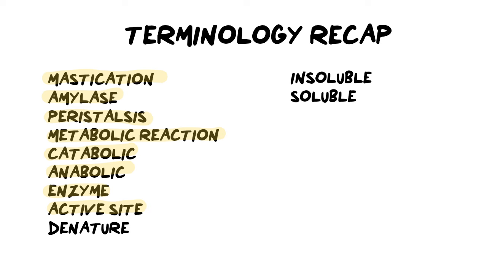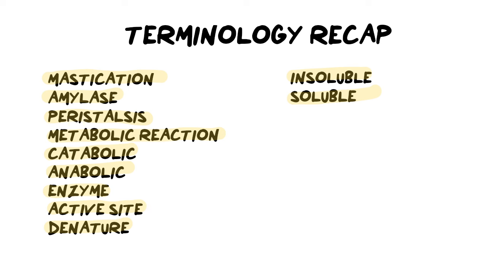Now, if you change the active site, you denature it, which means that you cannot use it anymore. And this is very relevant, remember, to the digestive system because we often denature with pH. And so if it's in the wrong pH, the enzyme won't work anymore. It'll be denatured. And last but not least, we spoke about the words insoluble and soluble, which, if you remember, the whole point of this whole journey is to create small particles to increase the surface area so that absorption can take place.